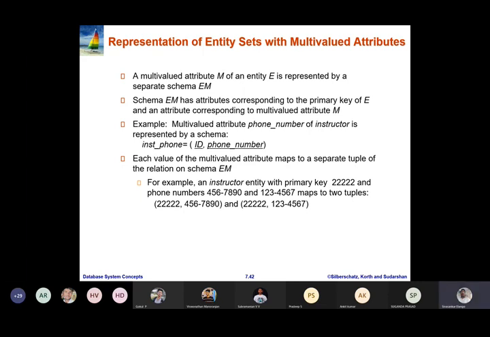So you are going to create a separate relation EM for representing the multi-valued attribute. The multi-valued attribute is represented by the primary key followed by the multi-valued attribute. So it's going to be instructor ID, phone number. So this is what we have discussed.